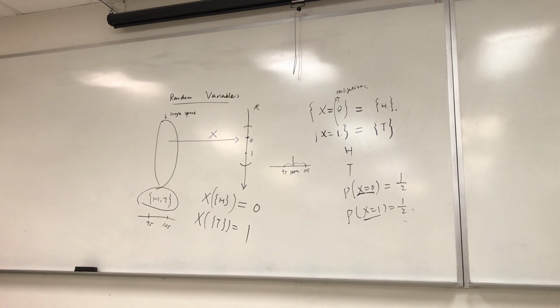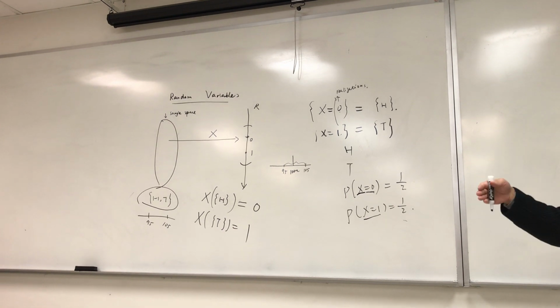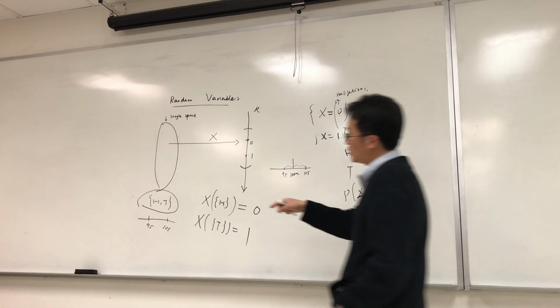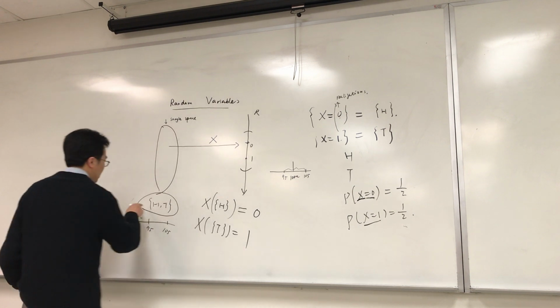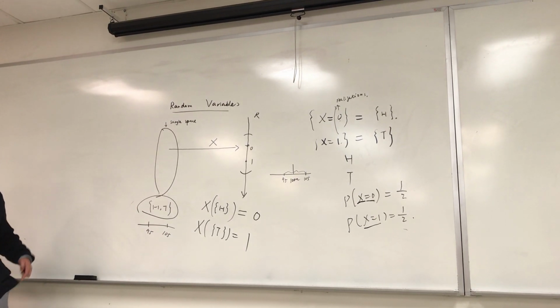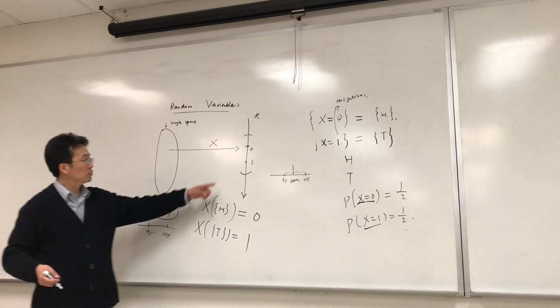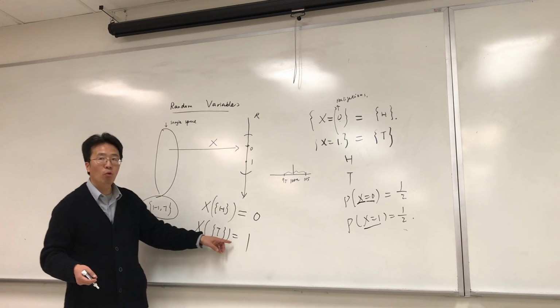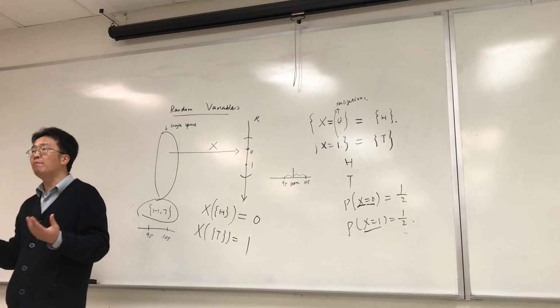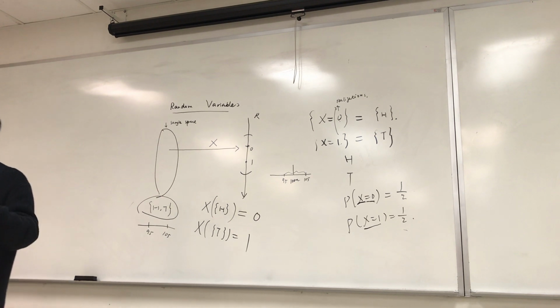Then we are going to have different results of the mapping, right? For this flipping a coin experiment, we map head to 0 and tail to 1. And even this mapping could have multiple options.